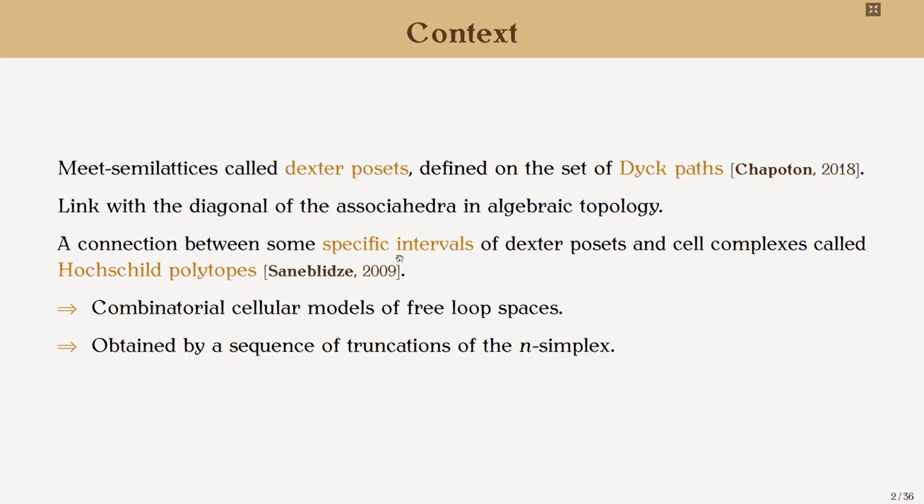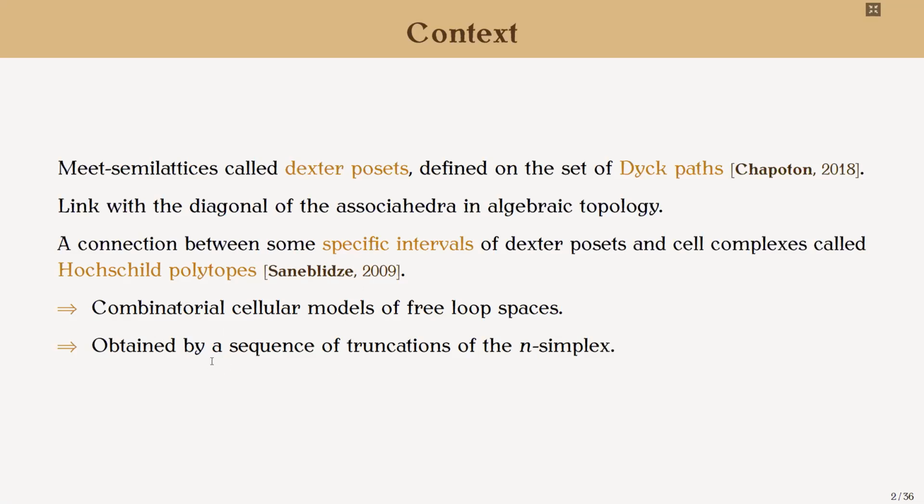Why do we call it the Hochschild lattice? It's because the Hasse diagram of this poset is actually the one-skeleton of the Hochschild polytope, also called the freehedron, which appears in topology as a combinatorial model for the free loop space, and can be obtained in several ways.